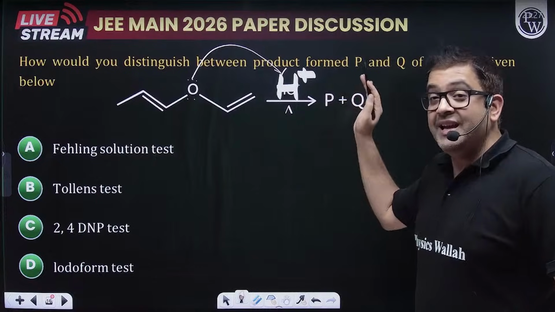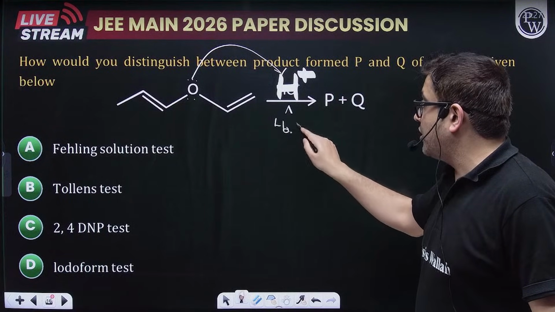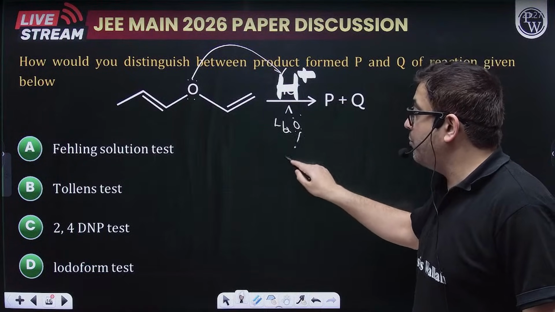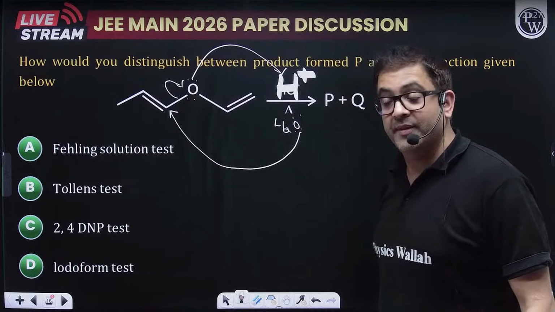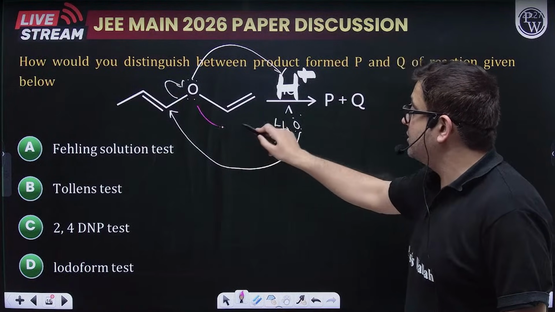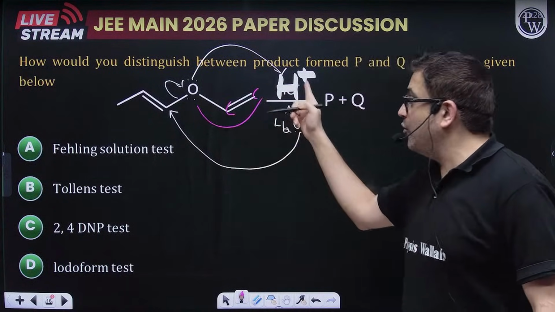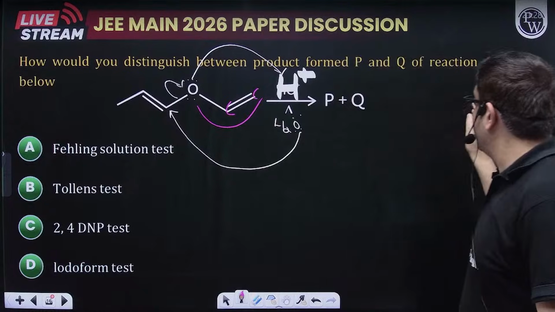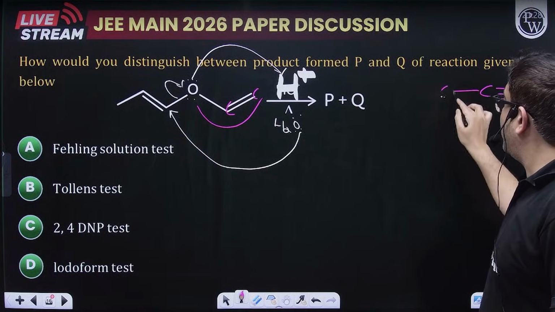Then obviously H plus will be present in the solvent, and the solvent is water, so the water molecule at the same point of time will come to this carbon, and now this bond will be broken. Once this bond is broken, let us see the two parts. This is one carbon, two carbon, and an OH, because this O with an H will become an OH. So these two carbons are double bonded with an OH.